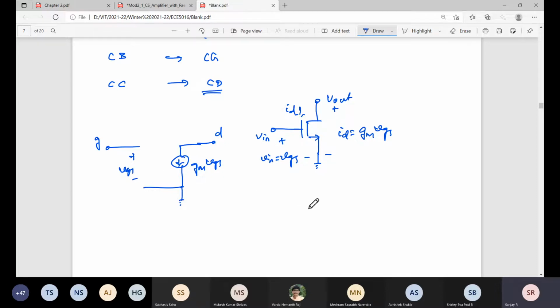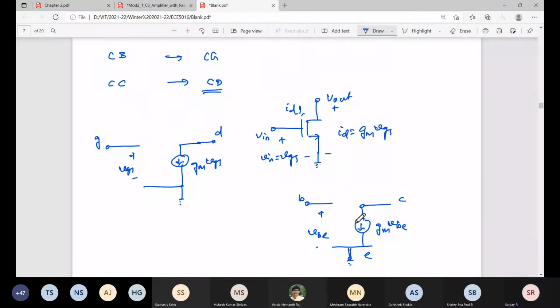I'm taking here the base, the collector, and this is the emitter, which I'm grounding. So gm times the base-emitter voltage.